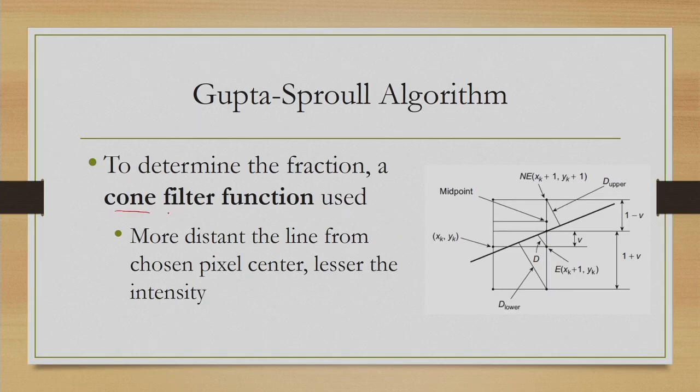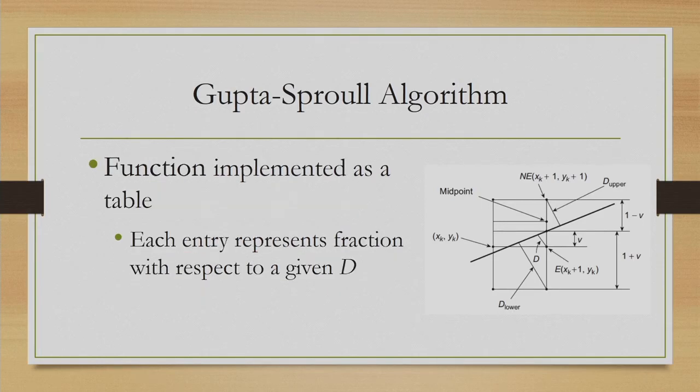Typically, a cone filter function is used. That means, the more distant the line from the chosen pixel center is, the lesser is the intensity. So, the more distant the line is from the chosen pixel center, the less will be the intensity, it will be dimmer. And this distance to intensity value determination is implemented as a table.